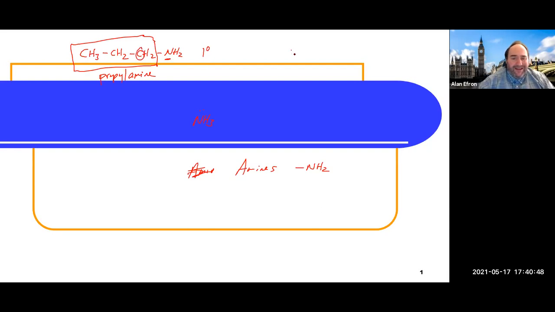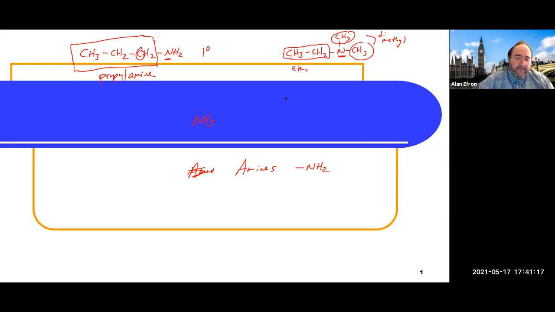We also looked at this one as well, I believe. Here again we do the same approach: look at our nitrogen and figure out what groups we have. This is 2 methyl groups, which means this is going to be a dimethyl. On the other side we have an ethyl group.